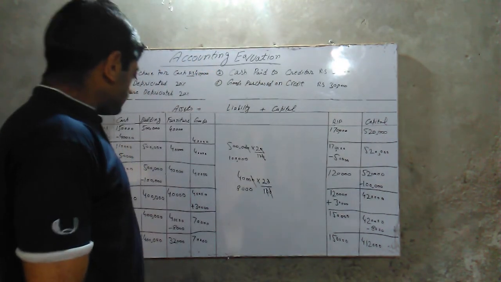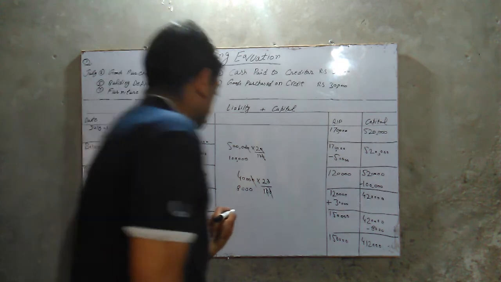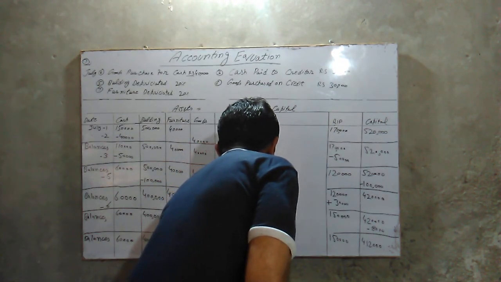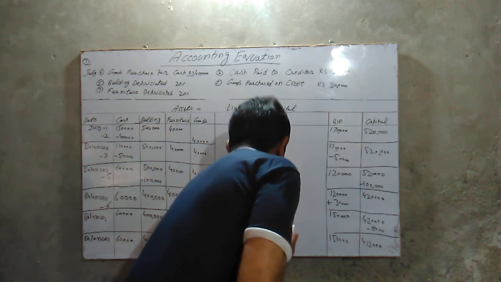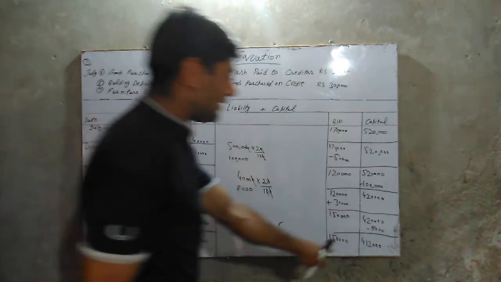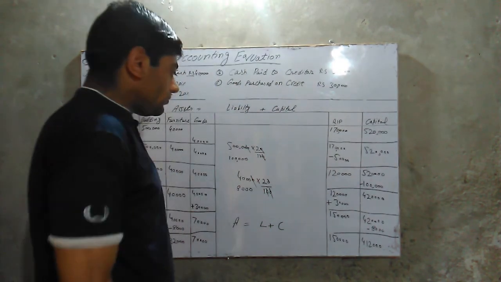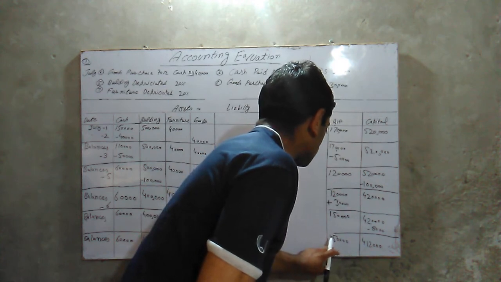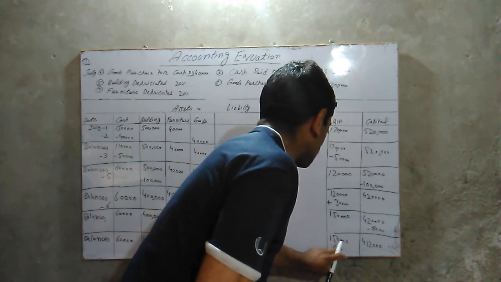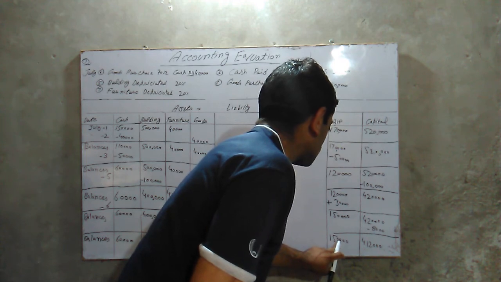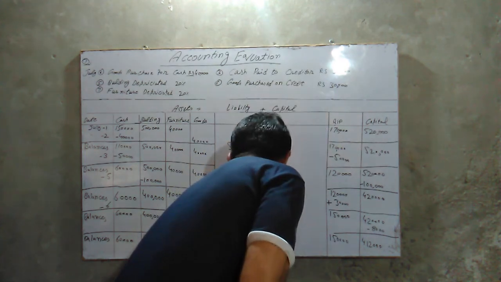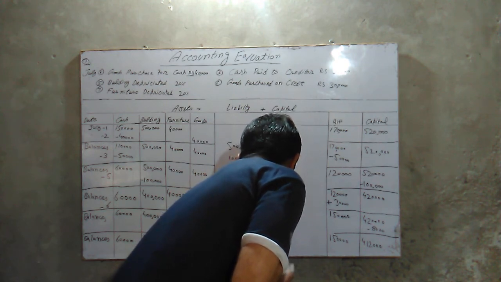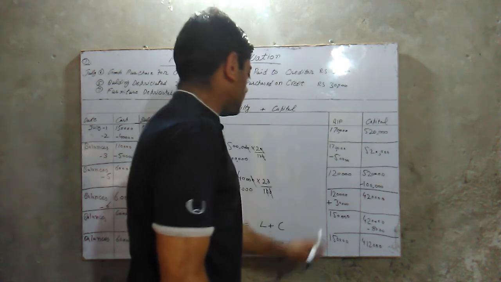So now it's the proof: assets is equal to liability plus capital. Add all these values and also these values. So now add 4 lakh and 1 lakh, 5 lakh and 5 lakh 50,000, 62,000. 5 lakh 62,000 are liability and capital.